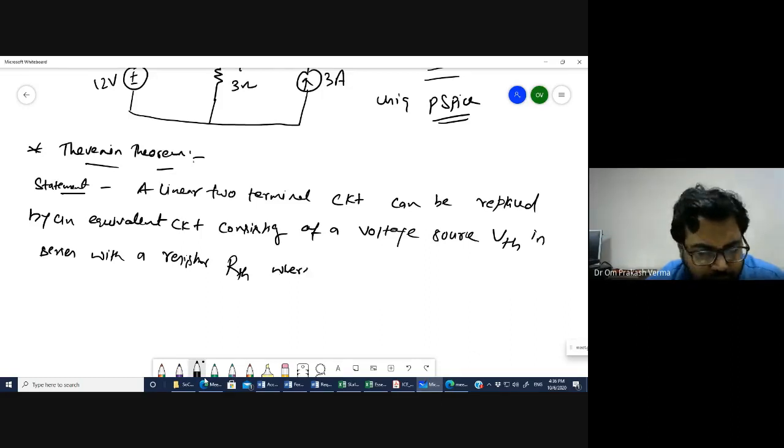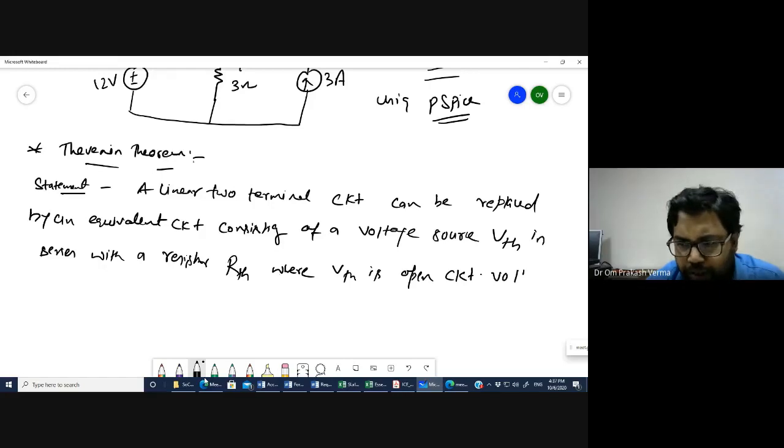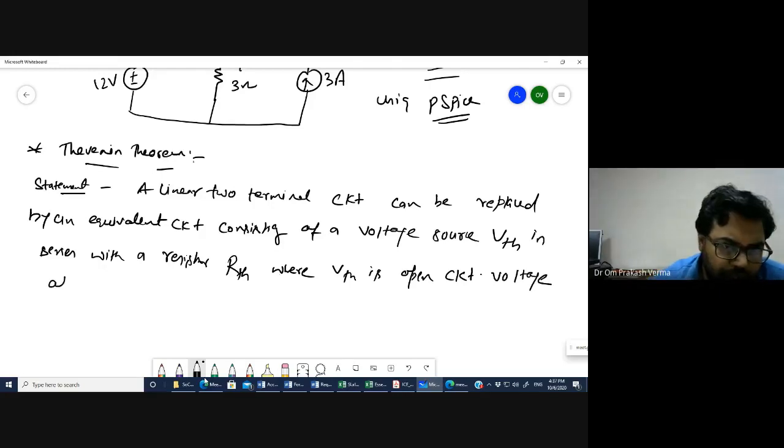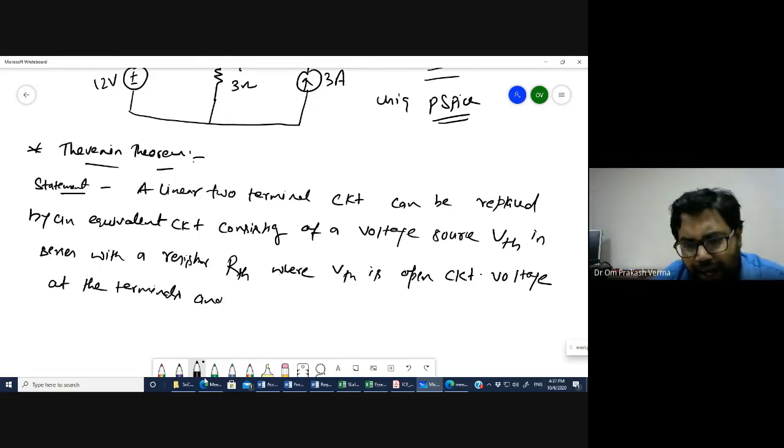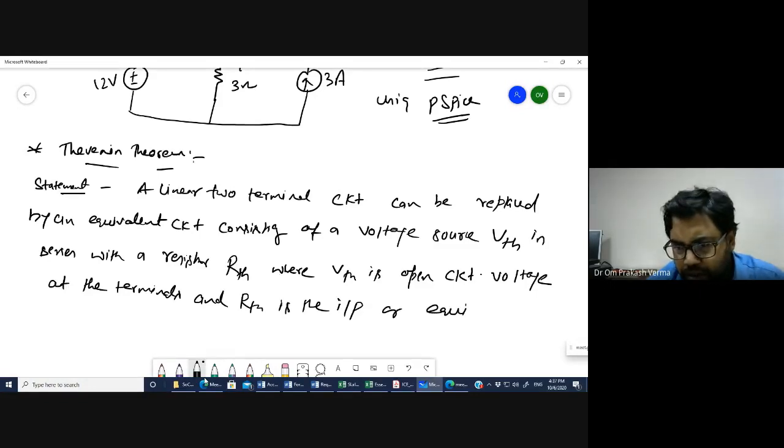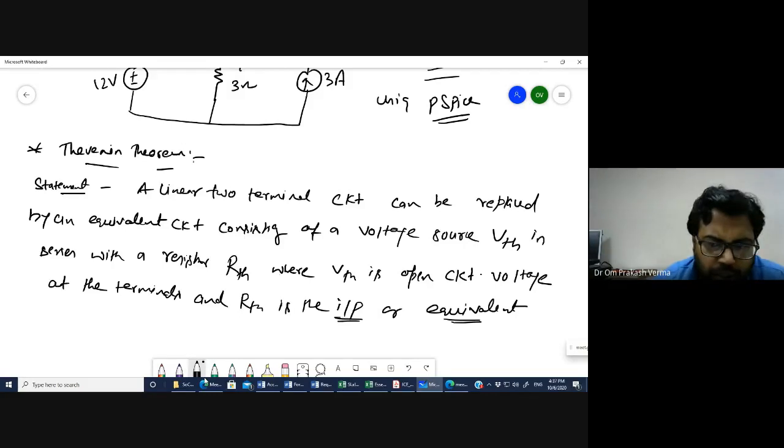Where VTH, the Thevenin voltage, is the open circuit voltage at the terminals, and RTH is the equivalent resistance, or the input resistance. Why it is called input resistance is a separate issue. Otherwise it is called the equivalent resistance. When you solve a numerical with a dependent source, it will come as the input resistance. Why?